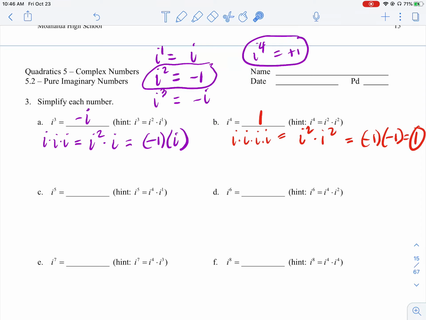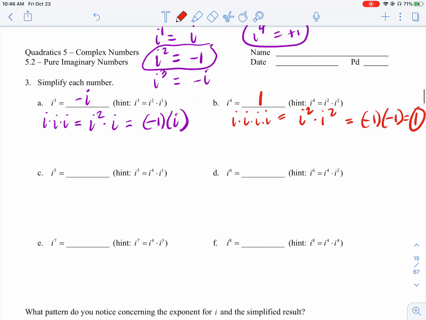Okay, moving on. i to the fifth. Of course, I can just use this information right here, but let's go super in detail. How many i's is that? 1, 2, 3, 4, 5. And then let's group them into i squared, i squared, i.